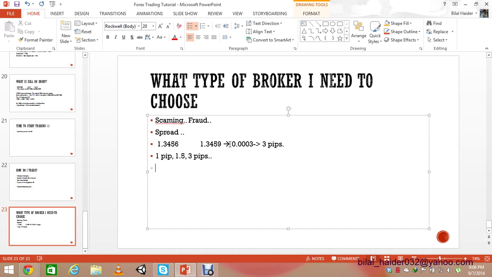But if you're looking only for spread and you're saying, okay, Bilal was talking about choosing a company which is offering the lowest spreads, and I have found these brokers when I was searching for a company, and there are some companies offering 0.6 pips spread, and some companies offering 0.4 pips spreads, something like that.